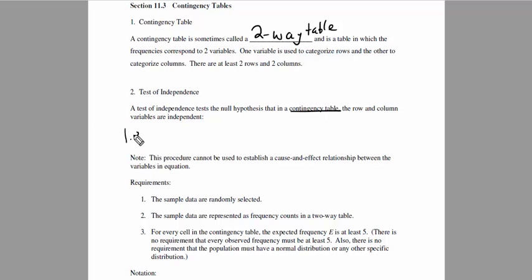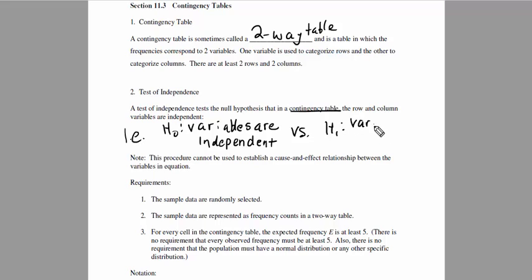So in other words, H0 is that the variables are independent, and H1 is that the variables are dependent.